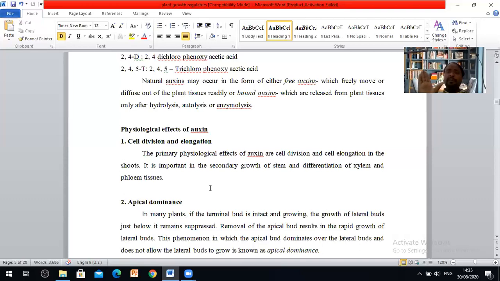These ABPs are present on the surface of the target cell, and the auxins are bound to the ABP first, that is the auxin binding protein, and later on this protein transports the auxin into the cell.